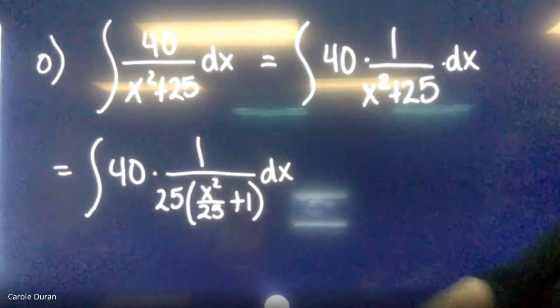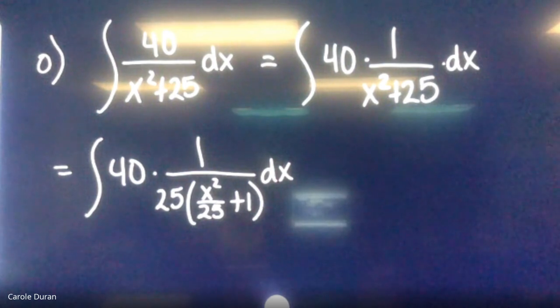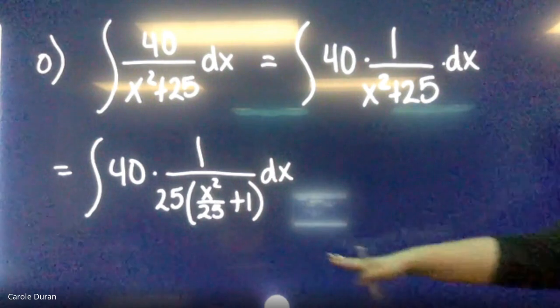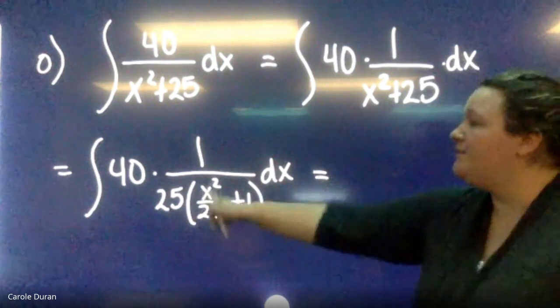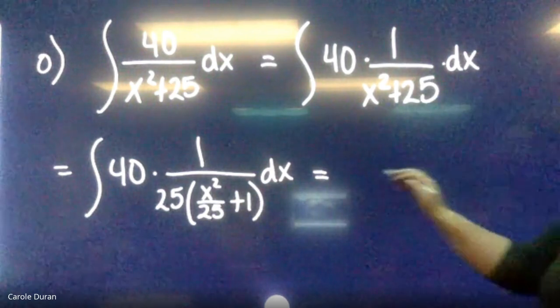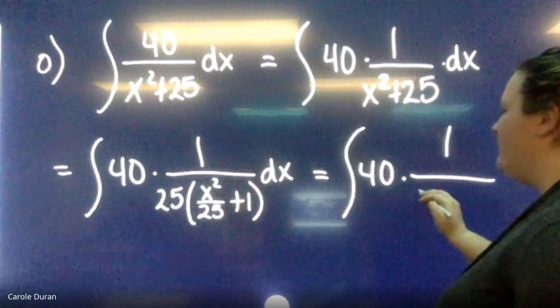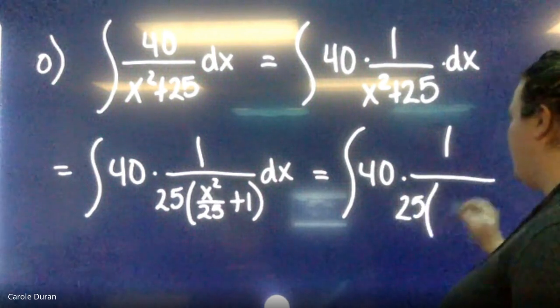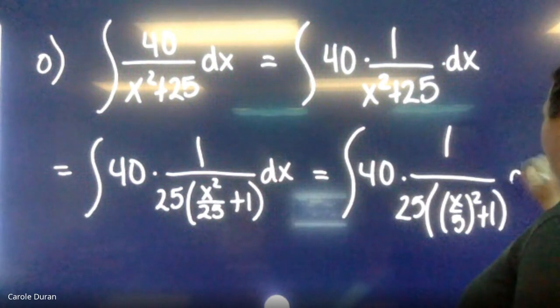I also recognize that x squared over 25 I need to rewrite as one quantity squared. I know the square root of x squared is x. What's the square root of 25? 5. Because I divided it out of both of these terms. So this is the integral of 40 times 1 over 25 times x over 5 squared plus 1 dx.